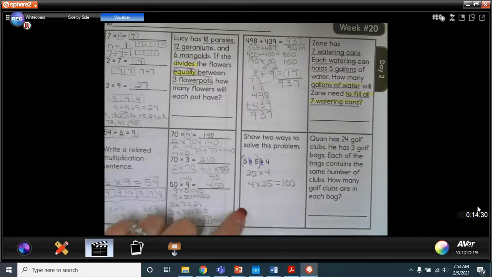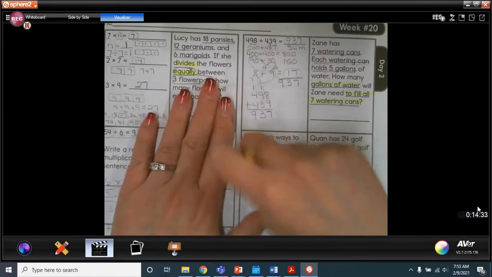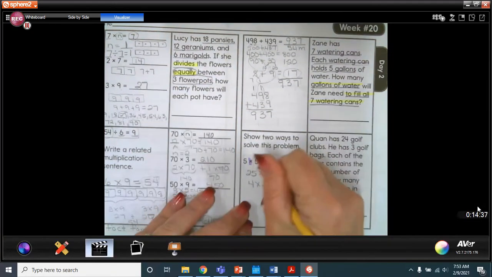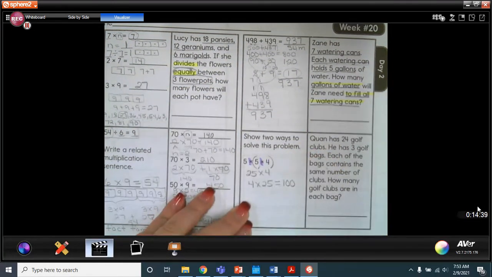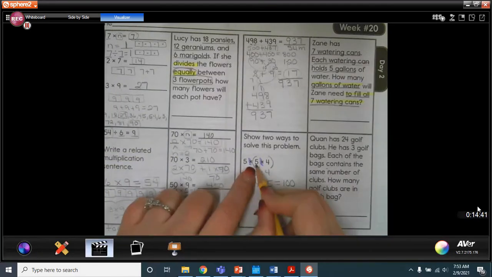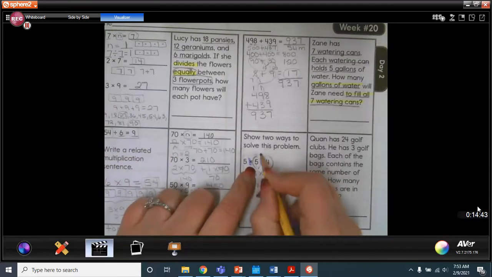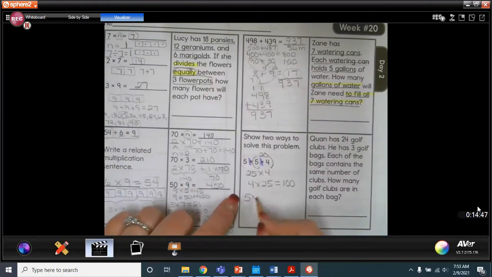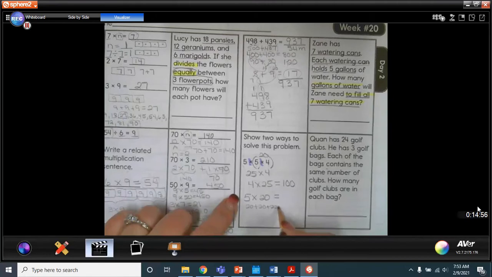Now, another way to think about this is I could take, and remember, the only reason that you can do this is because it doesn't matter how you multiply the factors. So I could do 5 times 4, which is 20, and then I could say 5 groups of 20, and I should be able to count by 20s: 20 plus 20 plus 20 plus 20 plus 20.